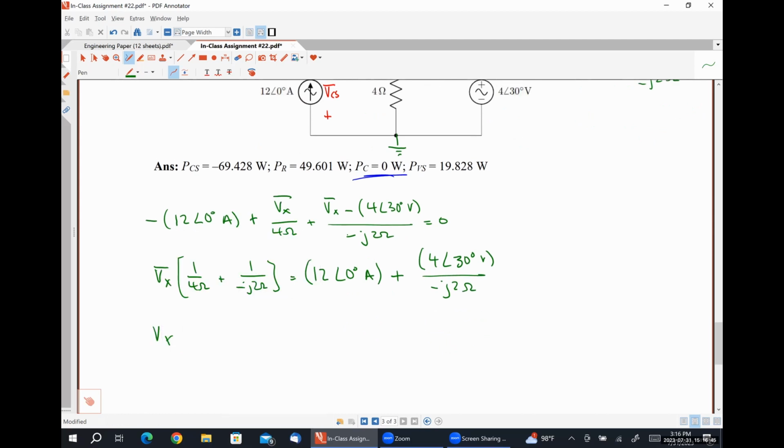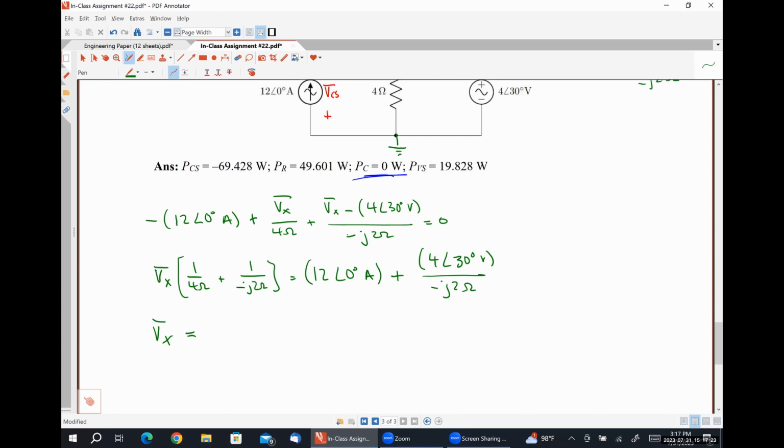So that's going to give me Vx is equal to, and I'm just going to throw this stuff into my calculator really quickly. So 12 angle 0 plus 4 angle 30 divided by minus 2i gives me that number. 1/4 plus 1/-2i is going to give me this number, which I'm going to call y.